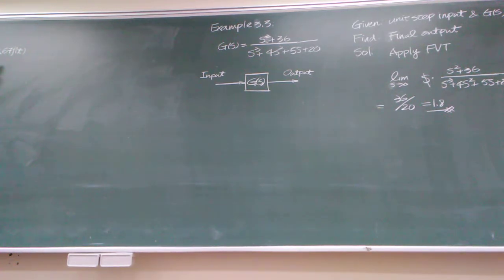And assume the input f of t is 0, but we do have initial conditions x0 equals 1, x dot 0 equals 4.27. We want to determine the time response or inverse Laplace transform of this output. So this is essentially something you need to do in your homework similarly.